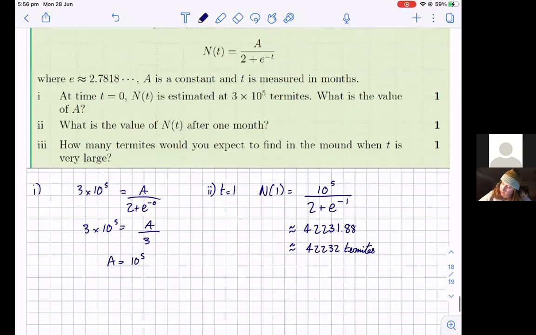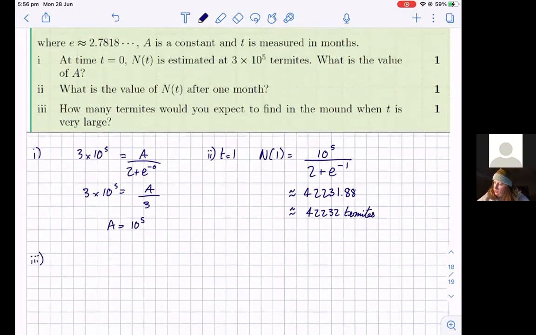And number 3, how many termites would you expect to find in the mound when T is very large? So as T tends to infinity, e to the minus T, as T gets bigger and bigger, that particular term tends to 0 because it's 1 on e to the T. So we're going from a big number to a small number.